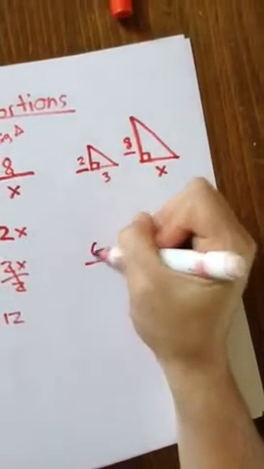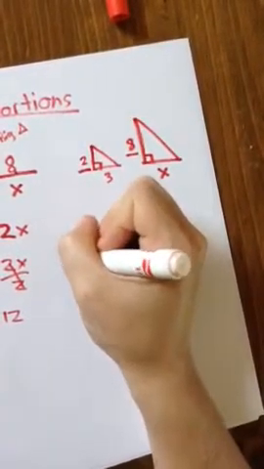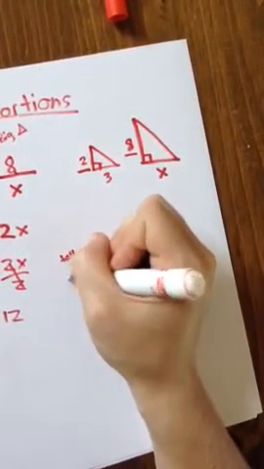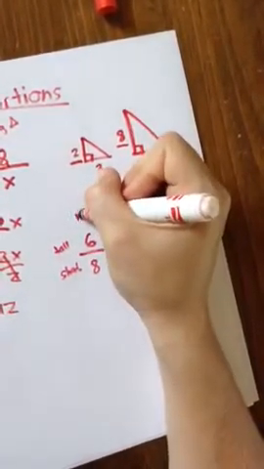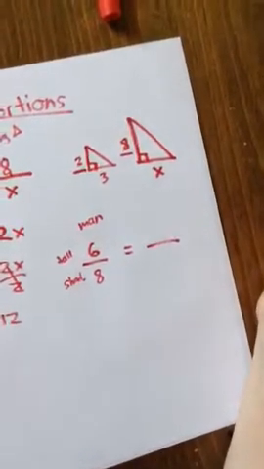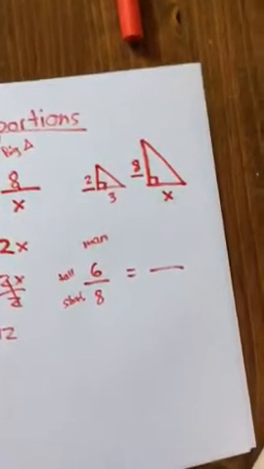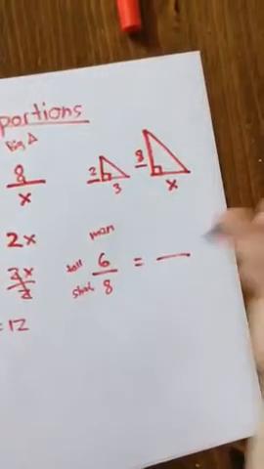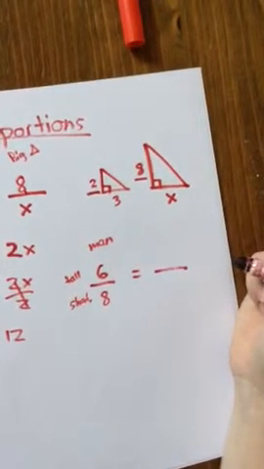So I would say a man is 6 feet tall and his shadow is 8 feet long. So this is how tall, and this is the shadow. Together, this is part of the same man. Then I say that there is a tree that has a shadow that is 30 feet long, and we want to know how tall the tree is.